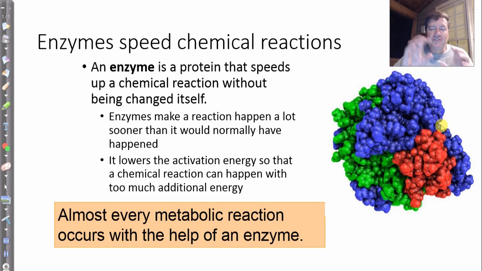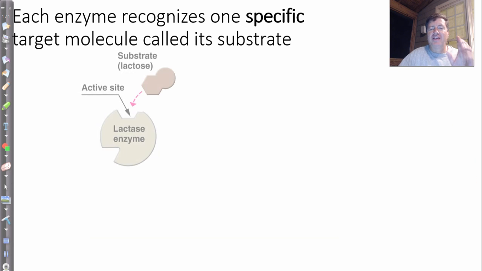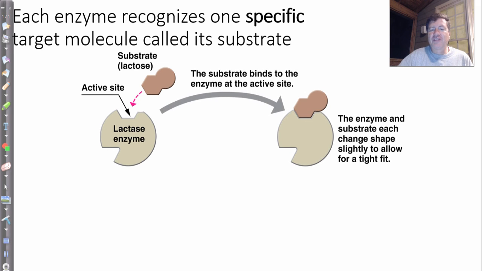There's a particular shape in that enzyme that's going to fit this particular substrate, in this case lactose. So the substrate is going to bind to that particular enzyme at its active site, and they kind of fit together.